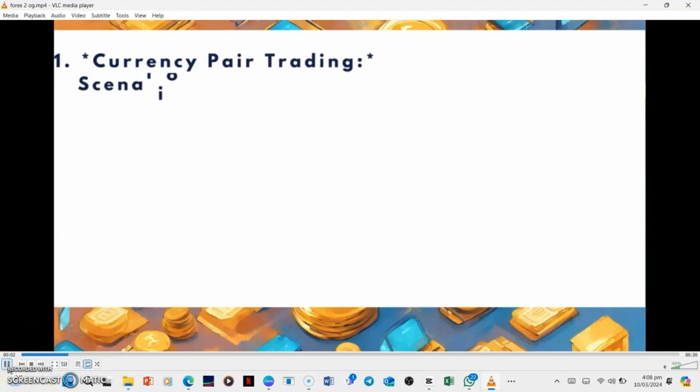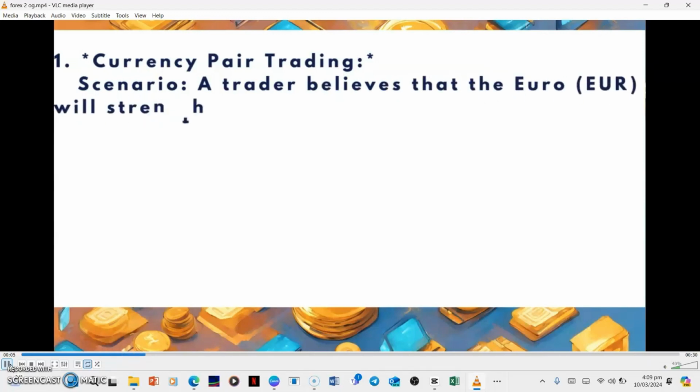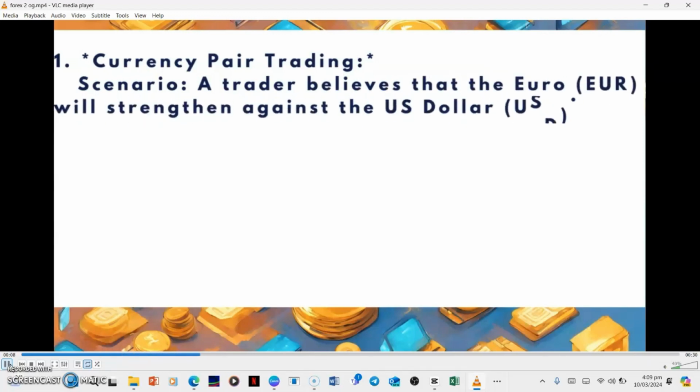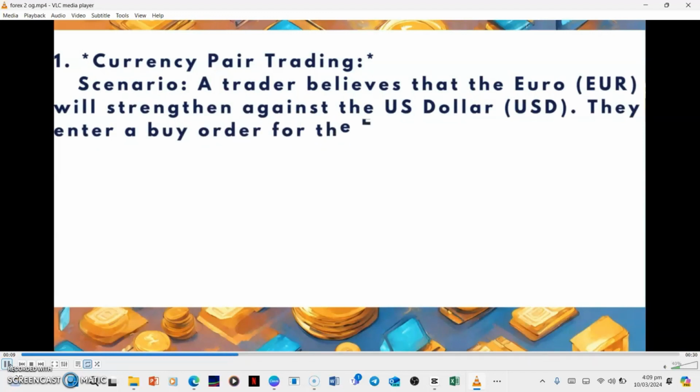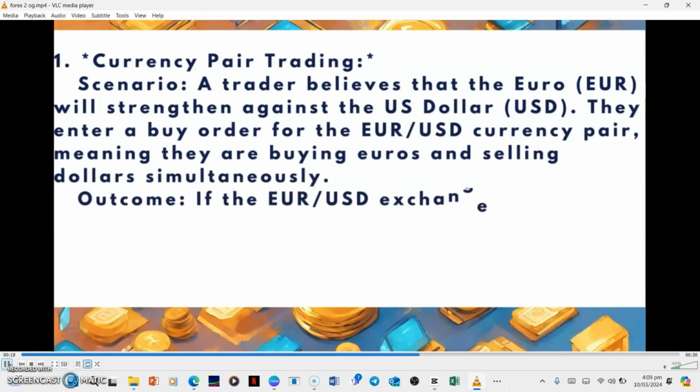Currency pair trading is the first scenario. If we're looking at two different currencies, how does Forex apply? Let's say a trader believes that the euro will strengthen against the US dollar. They enter a buy order for the EUR/USD currency pair, meaning they're buying euros and selling dollars simultaneously.